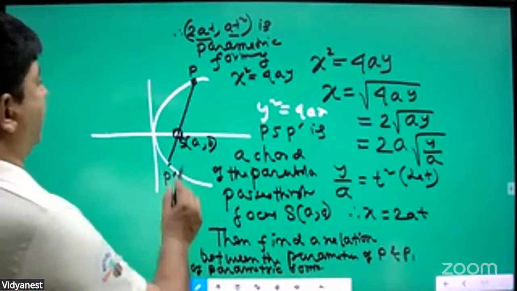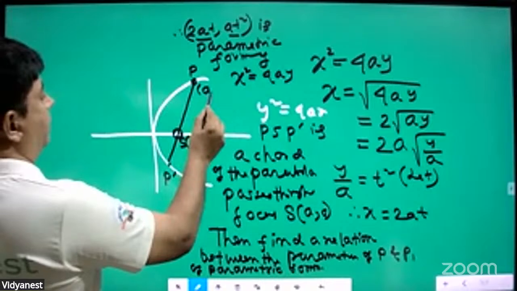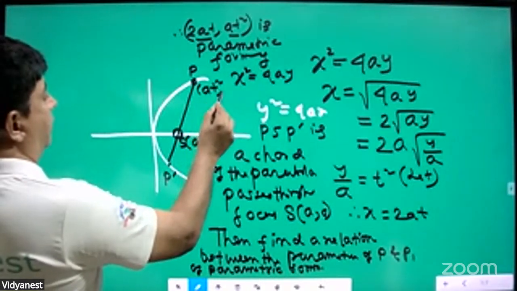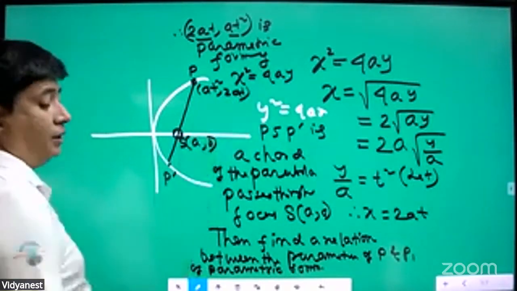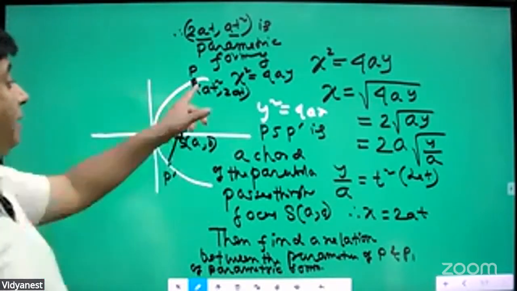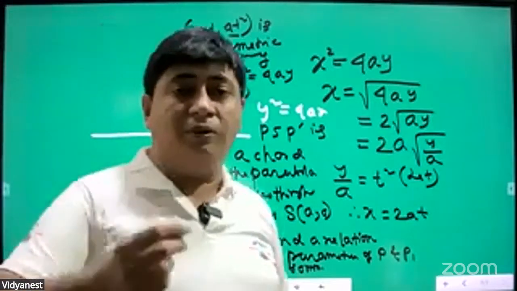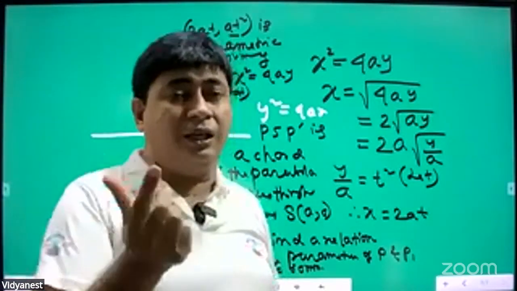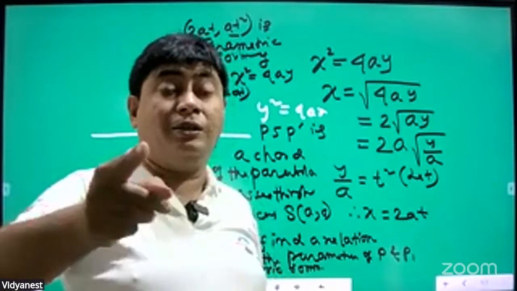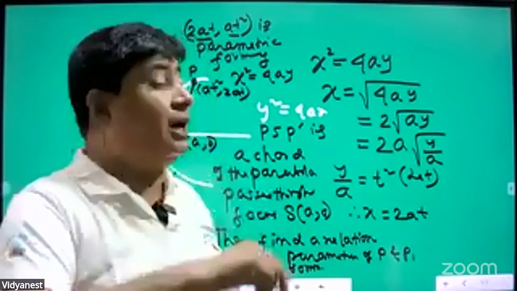So I am letting P be (at square, 2at), where t is the parameter. Now I told you that if you change the value of t, the position of the point P on the parabola will change.